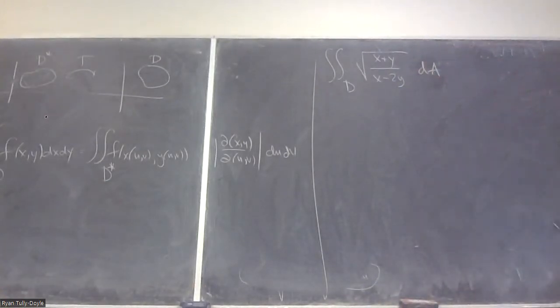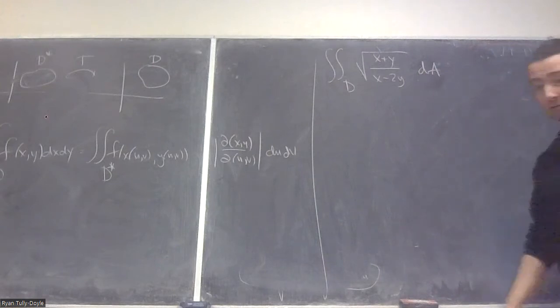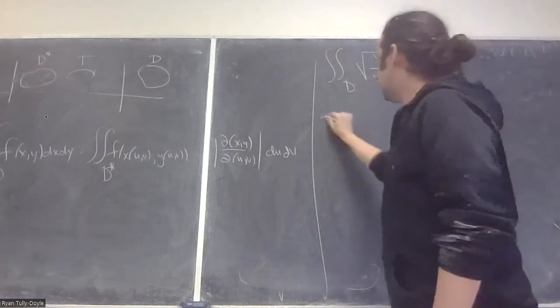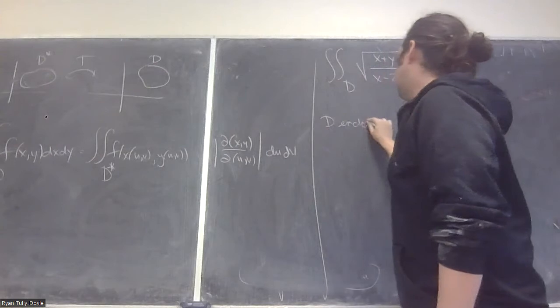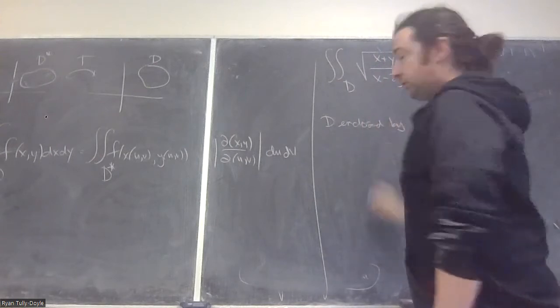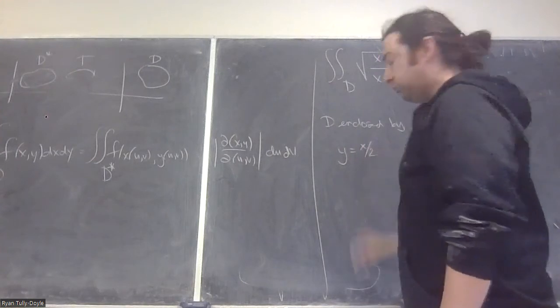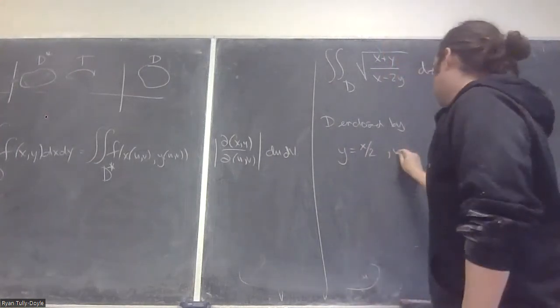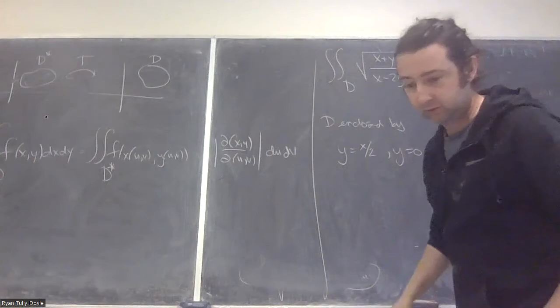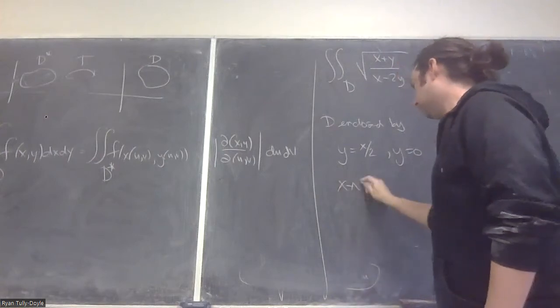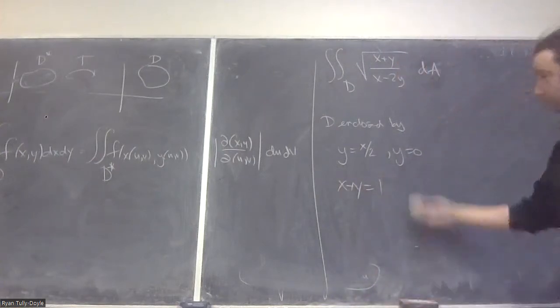There's the integral. And I've got to tell you what D is in order for this to make any sense, where D is enclosed by the curves y is equal to x over 2, y is equal to 0, and x plus y is equal to 1. So there's the problem.